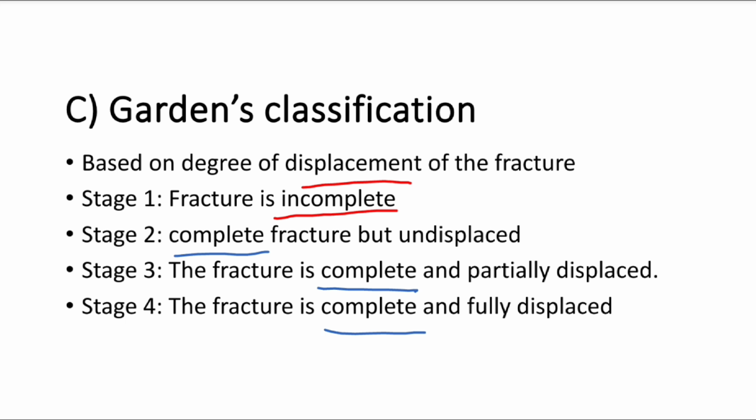In second stage, there is a complete fracture, but it is undisplaced. In third, the fracture is complete, but it is partially displaced. And in fourth, there is a complete fracture, but it is fully displaced. So stage 1 is incomplete; second, third and fourth are complete, but in second it is undisplaced, third is partially displaced, and fourth is fully displaced.